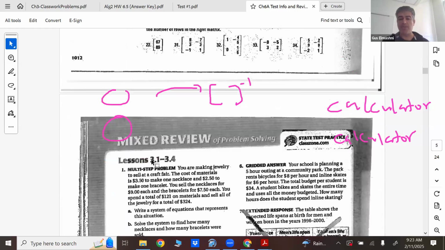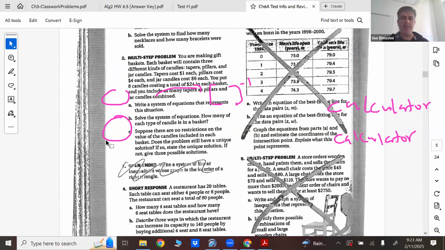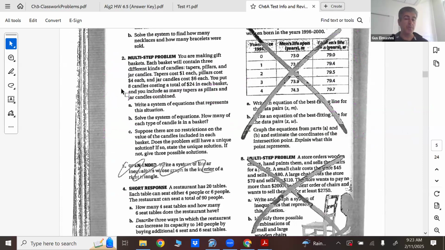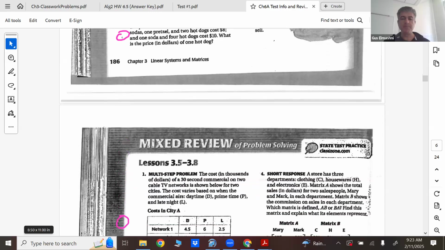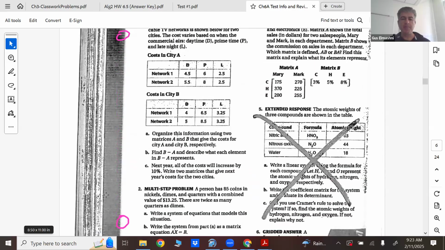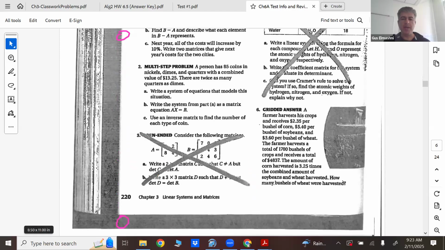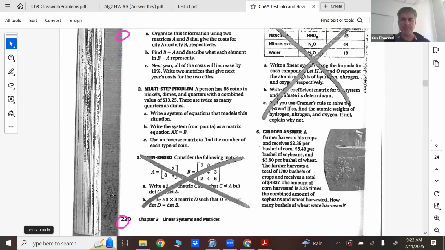The answer key is on the next page, just so you know. Now for the word problems, I think a really good one to do would be number 2 and number 5 on the next page, because those have three things you don't know. So I'll focus on 2 and 5. On the page after that, I would probably do 2 and 6.